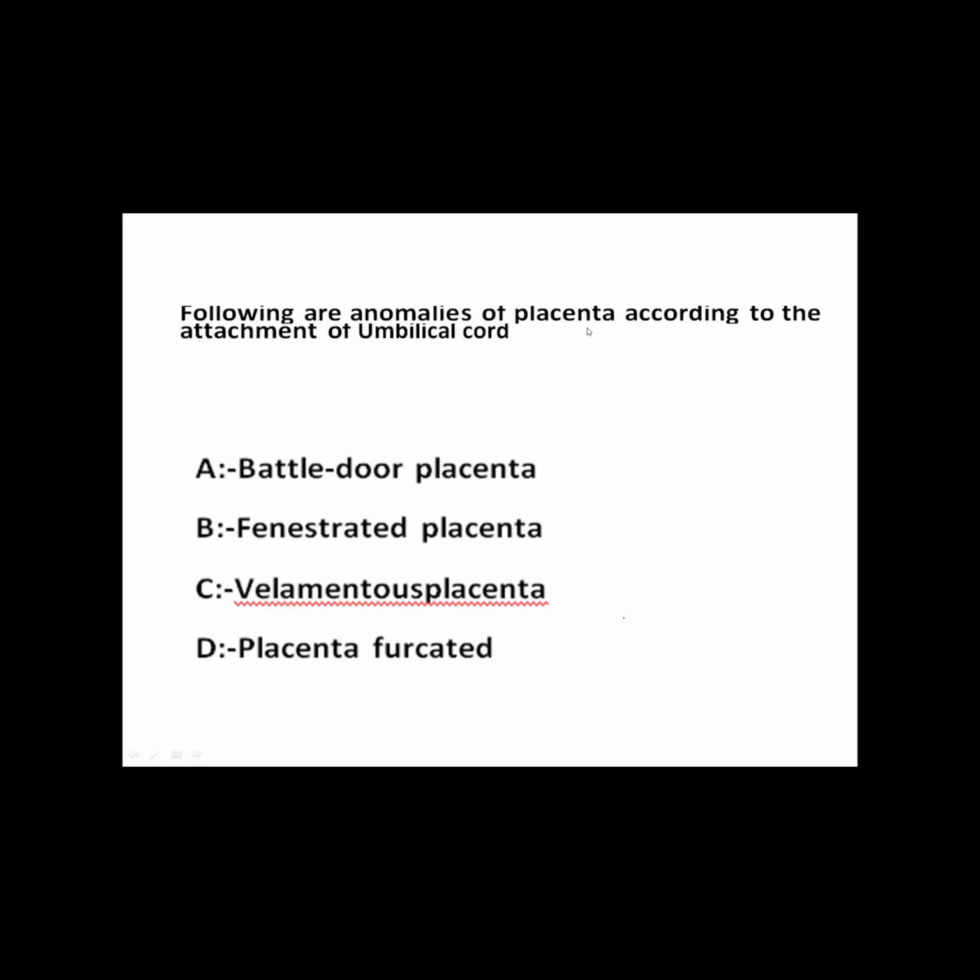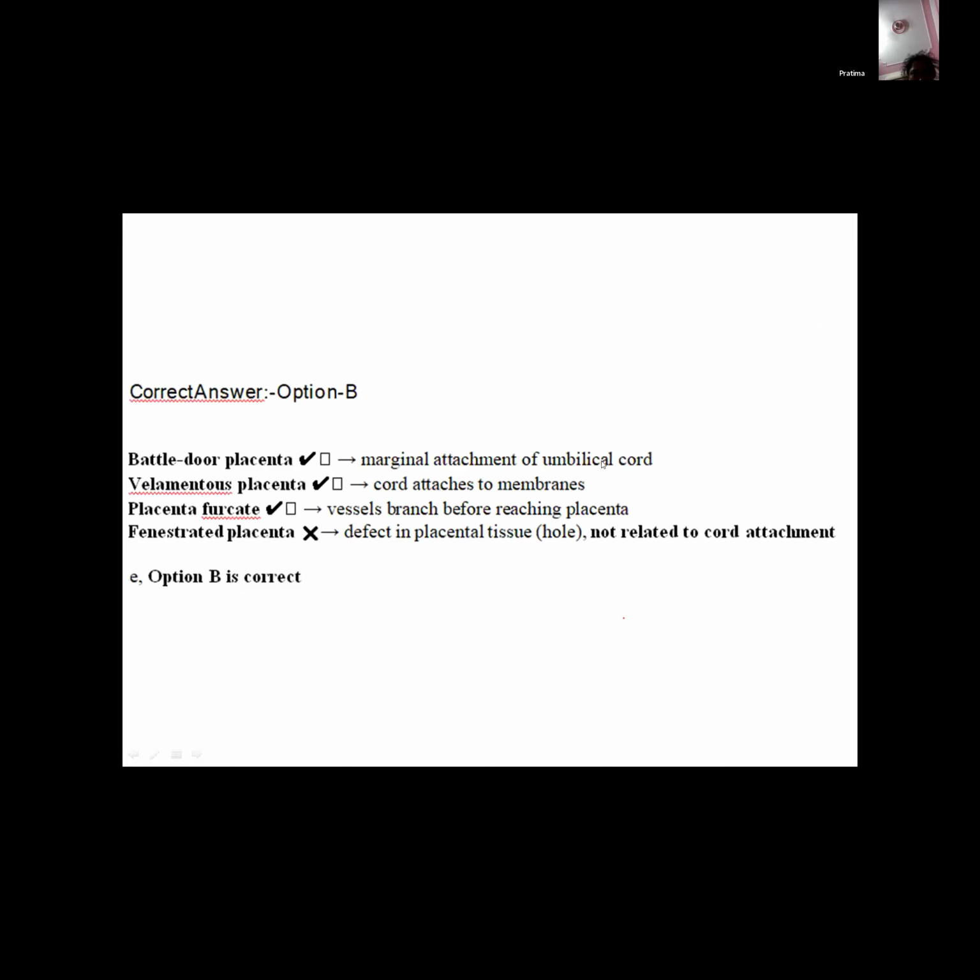ठीक है. So let's see the correct answer. As you correctly mentioned, option B, that is fenestrated placenta. Right? You see, battledore, marginal attachment of the umbilical cord. Velamentous के अंदर क्या होता है? Cord attaches to the membrane. ठीक है. Velamentous, in simple words, umbilical cord does not directly attach to placenta.